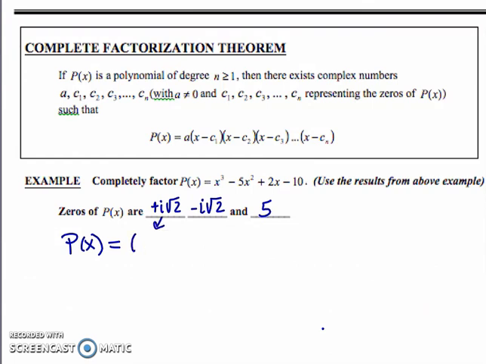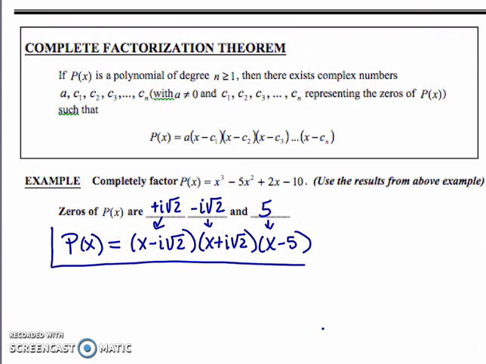So this solution would come from the factor x minus i square root of 2, this solution would come from the factor x plus i square root of 2, and then this would come from the factor x minus 5. So this would be how we would rewrite the polynomial p of x using the complete factorization theorem.